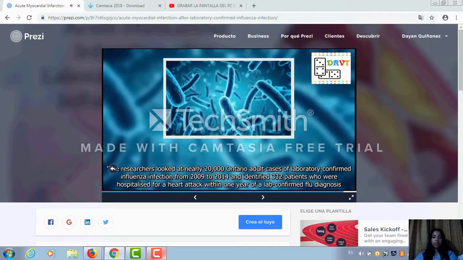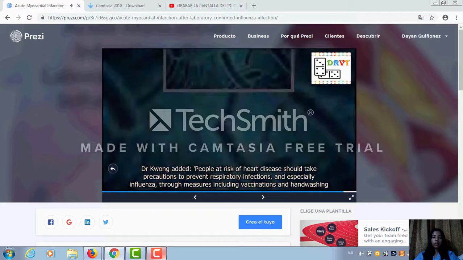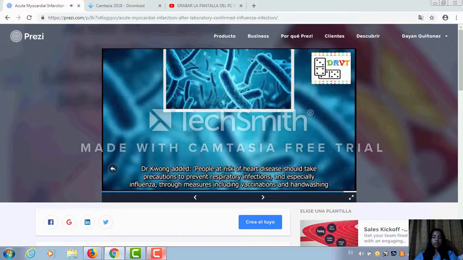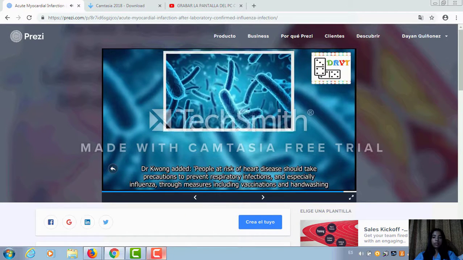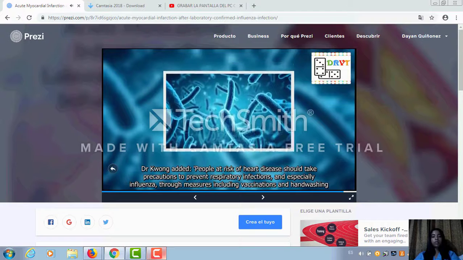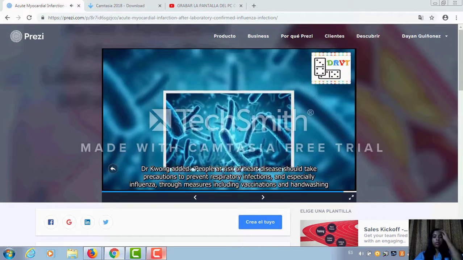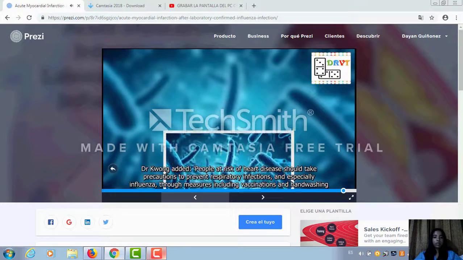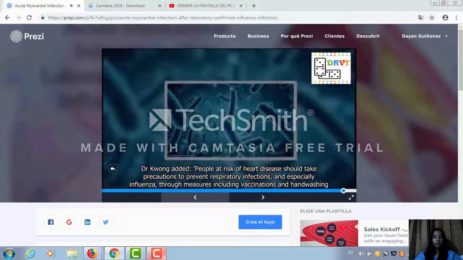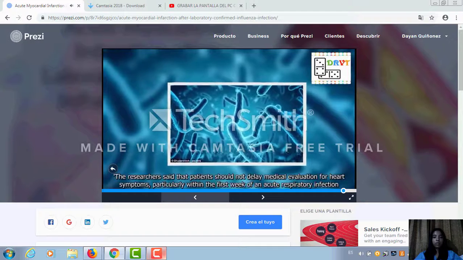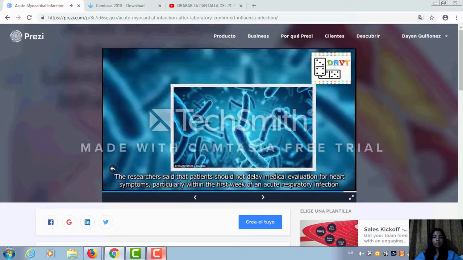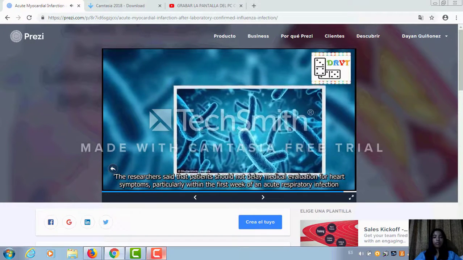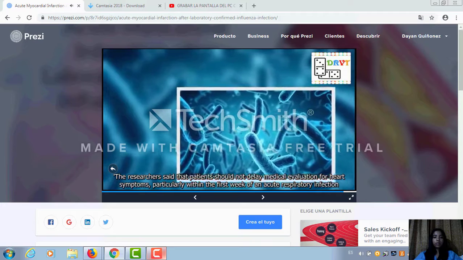Dr. Kwong added, people at risk of heart disease should take precautions to prevent respiratory infections, and especially influenza, through measures including vaccinations and hand washing. The researchers said that patients should not delay medical evaluation for heart symptoms, particularly within the first week of an acute respiratory infection.